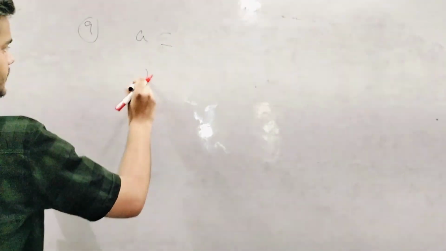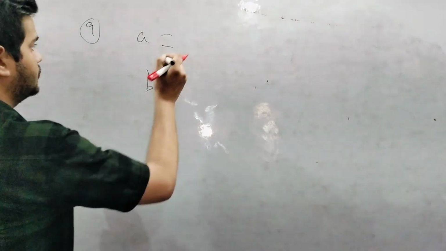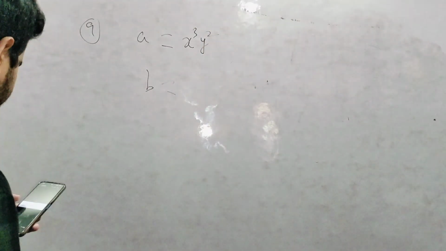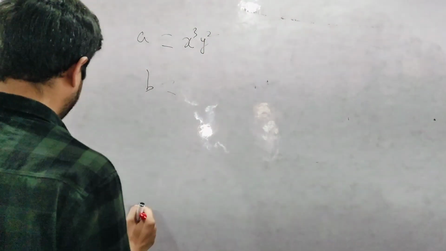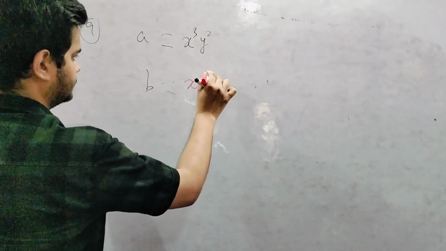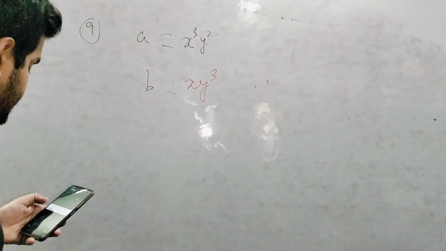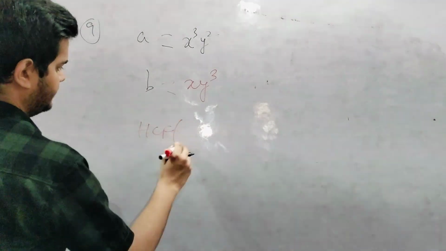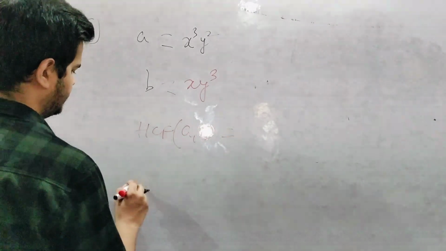Moving forward, the question is: if two positive integers a and b are written as a is equal to x cube y square, and b is equal to x into y cube, where x and y are prime numbers, then find the HCF of a and b.